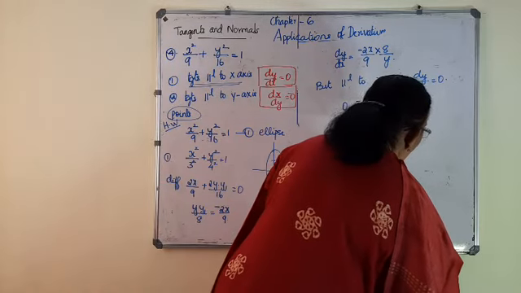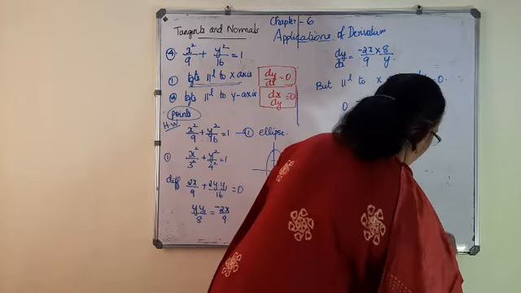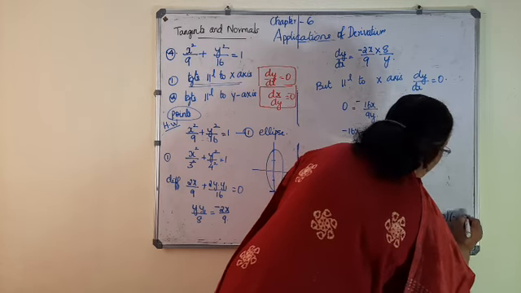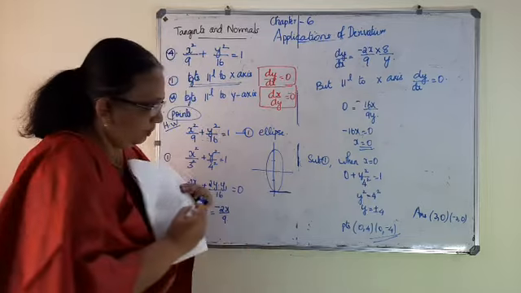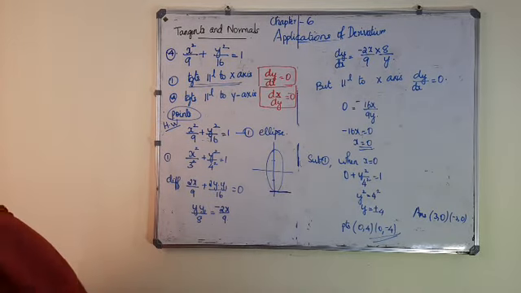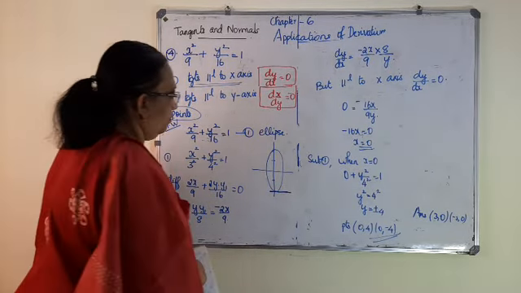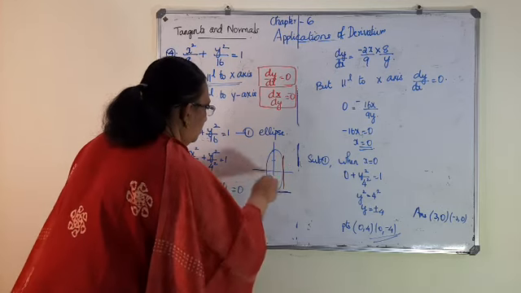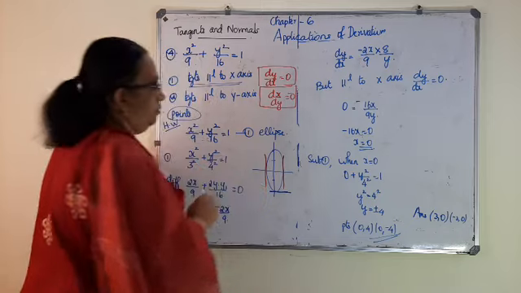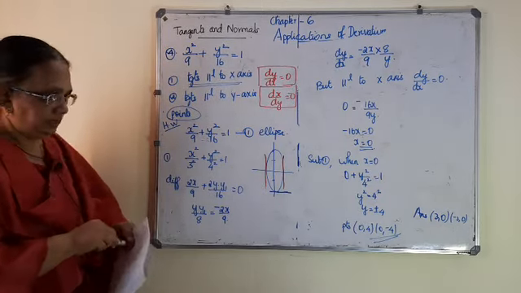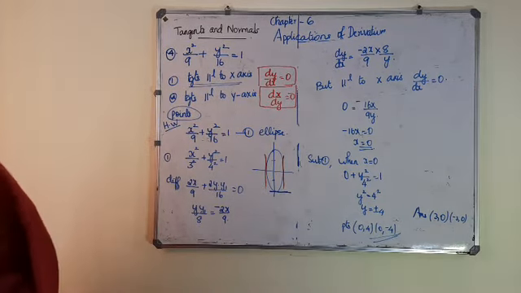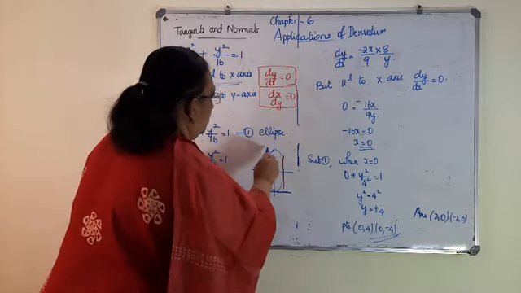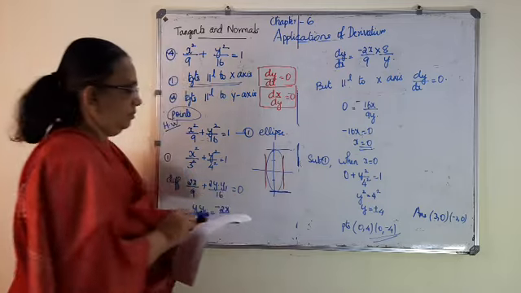Answer should be equal to 3, 0 and minus 3, 0. In the first case, these are the tangents, points.